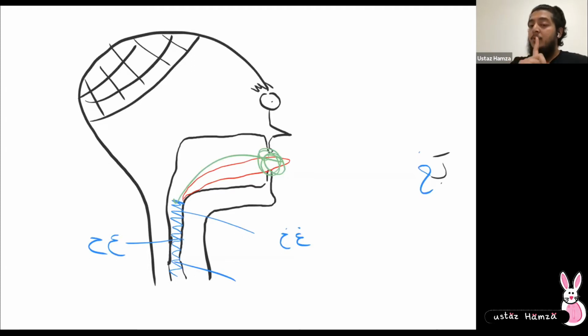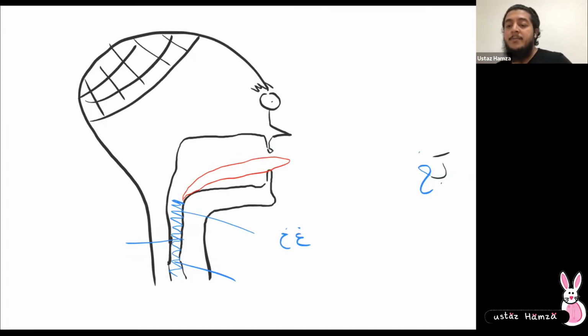Let's practice ain. We are going to practice it with ba again, yeah? Ba. Slightly underneath ghain, this is where I want your voice to stop. I would like your voice to start from your lips and end in the middle of the throat.